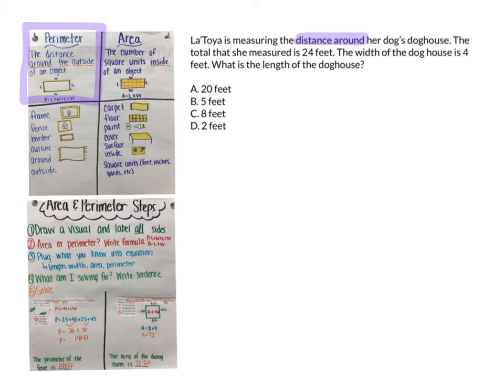Then it says the total that she measured is 24 feet. The width of the doghouse is 4 feet. What is the length of the doghouse? Okay, so now we're going to go ahead and draw a picture to help us really visualize what's going on and what we're given.